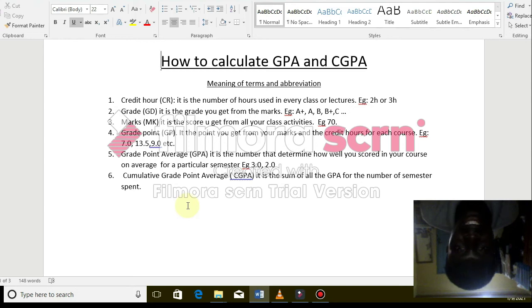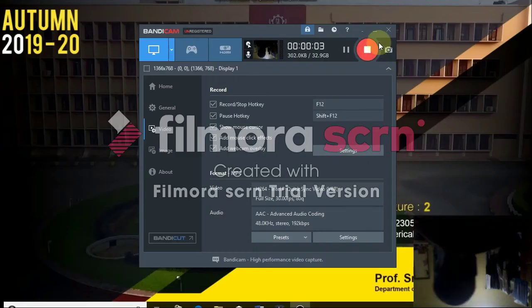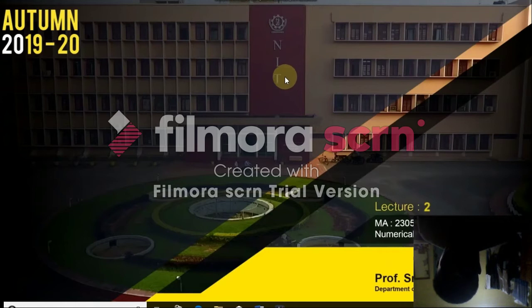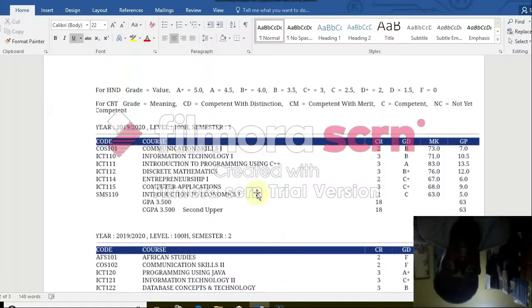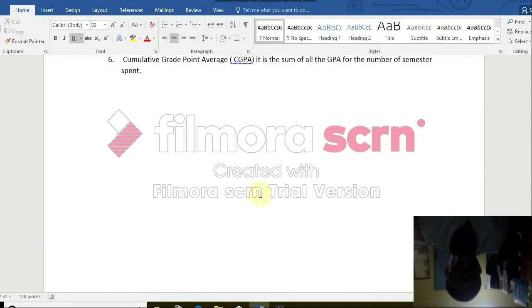So if you are in level 100, your first semester and second semester put together, that is the GPA you have for first semester and the GPA you have for second semester. Put together, that gives you the CGPA. That is why we say cumulative grade point average. Okay, so these are some of the terms.